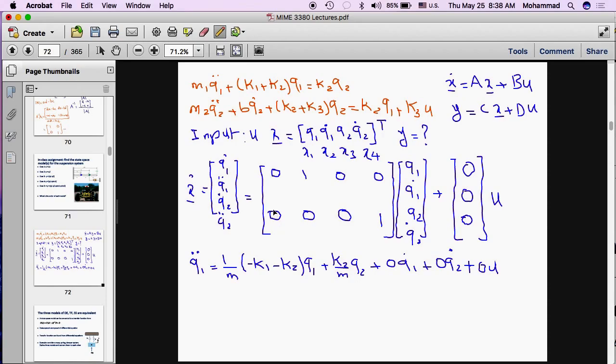It is minus K1 plus K2 in the numerator divided by M, and the negative applies to the whole fraction. And by the way, this is M1, so this is M1. This is also M1, and this is also M1.